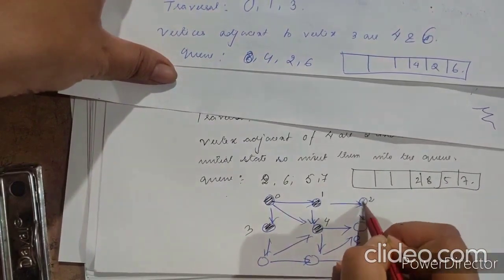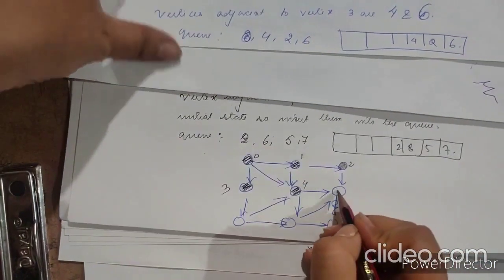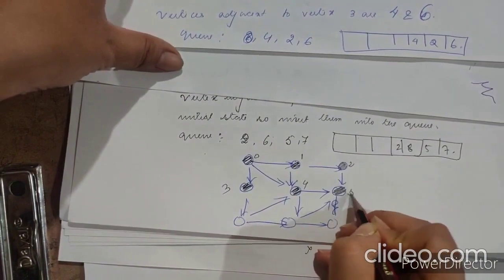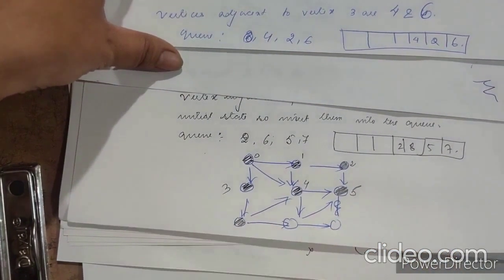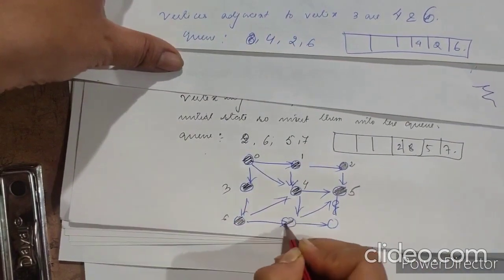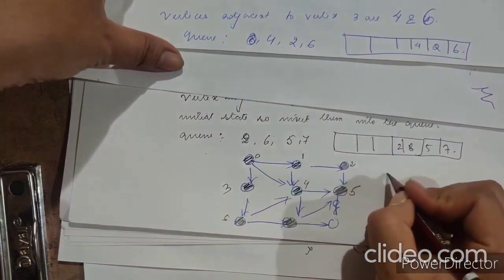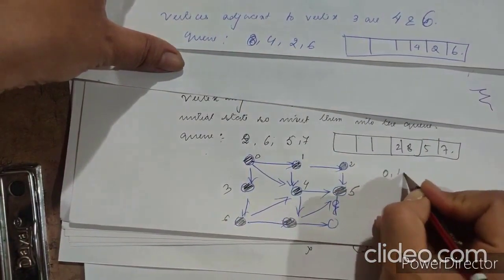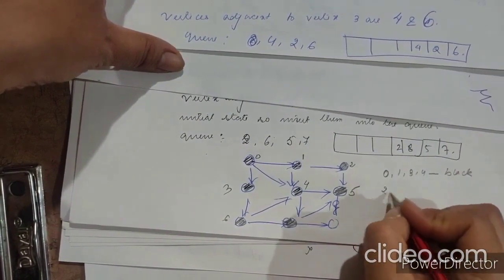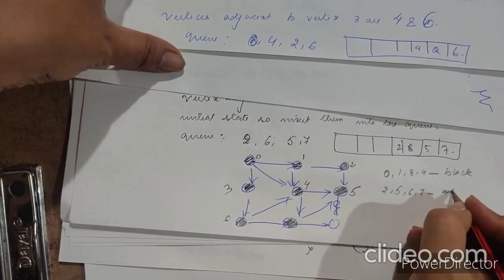This is 2, so I'm going to highlight it with the gray pencil. 5 is in the initial state and already in the queue, so I'm going to mark it, and 6 also, and 7 is also in the queue. So you can see that 0, 1, 3 and 4 will be in black, and 2, 5, 6 and 7 will be denoted with gray.